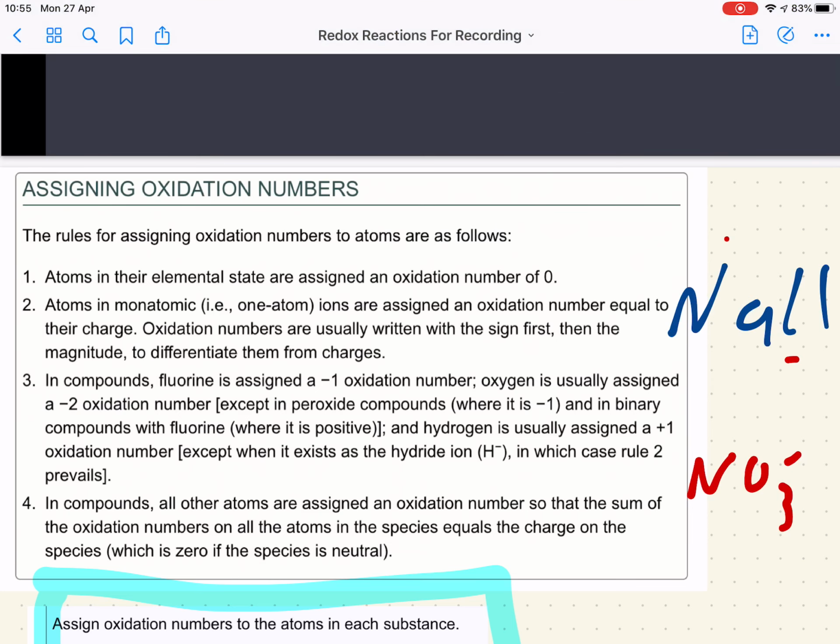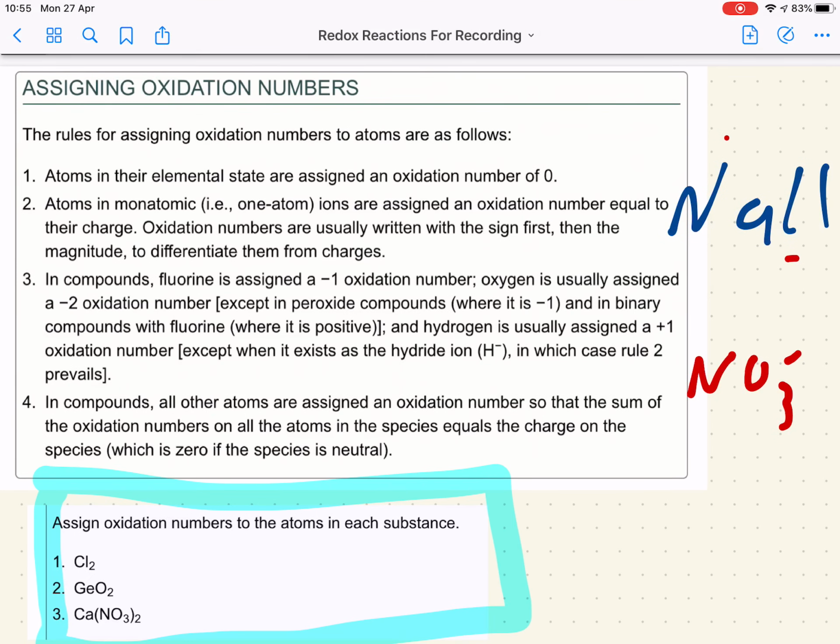All right. Next one, a few specific elements get called out here. Fluorine is always going to be -1. That's because it's super electronegative, so it's always going to be stealing electrons from other atoms. Oxygen is the second most electronegative, so it's almost always going to be -2.